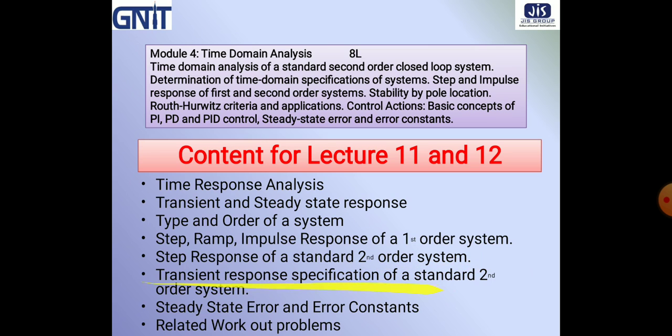In our next class we will discuss step response of a standard second order system, transient response specifications of a standard second order system, and what is steady state and error, and what are the error constants. There are 3 types of error constant. We will discuss them in our next class, and some workout problems which are very important for our semester exams.